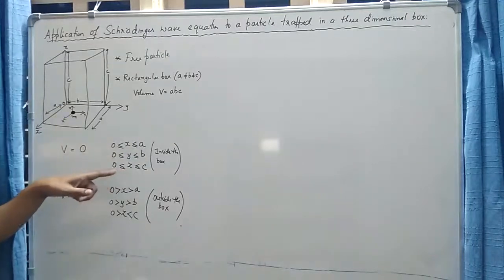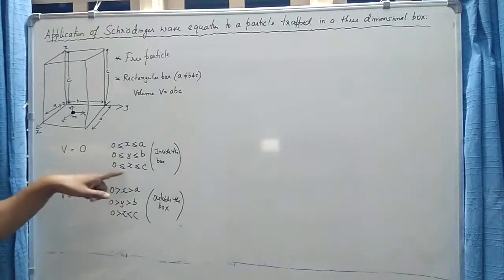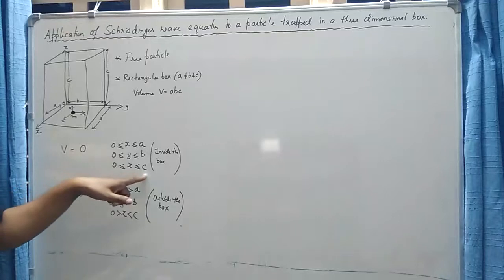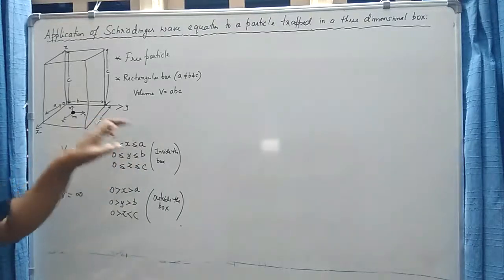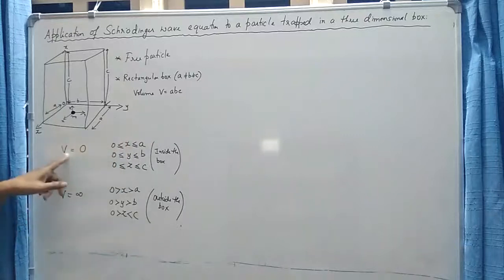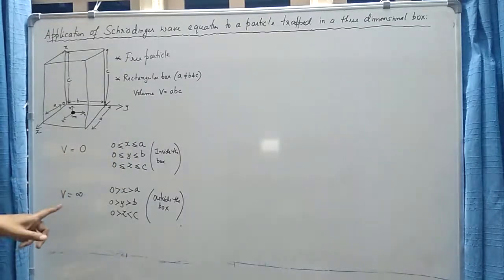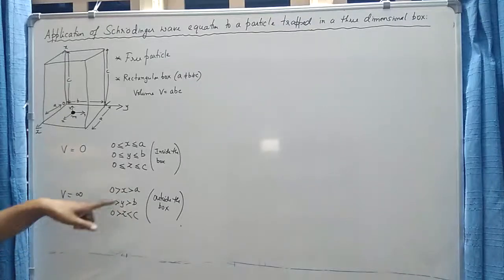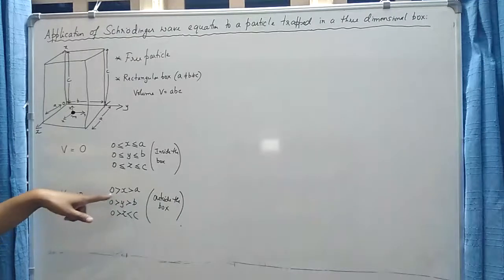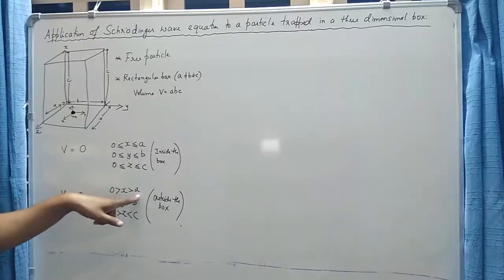Similarly, along the z-axis, the position of the particle z should be between 0 and c. So this represents the region inside the box, where potential energy is equal to 0. Outside the box, which is specified by this condition, the position of the particle along the x-axis is less than 0 or greater than a.